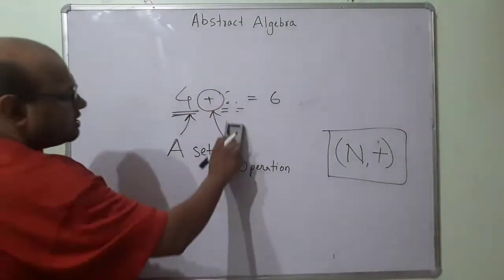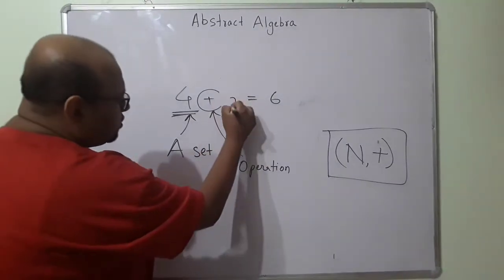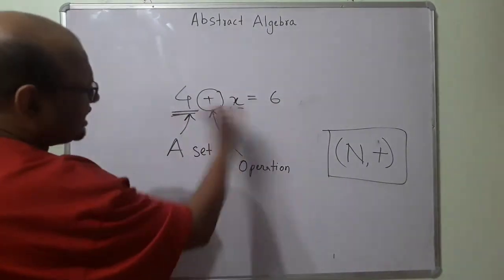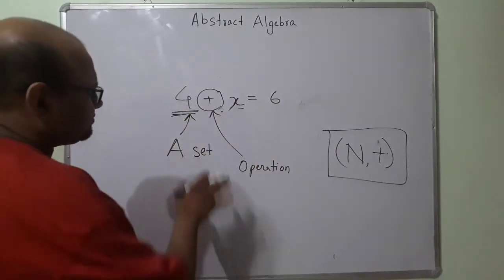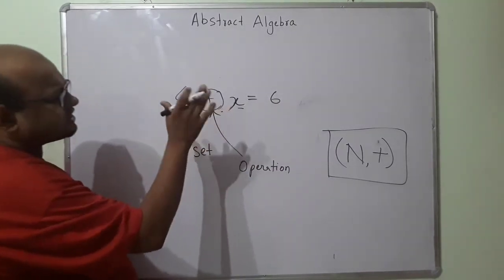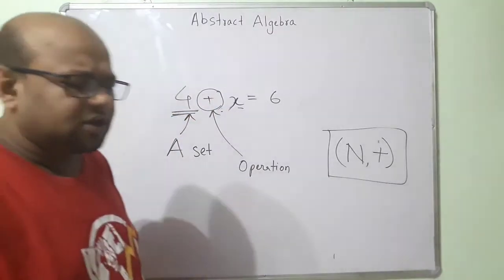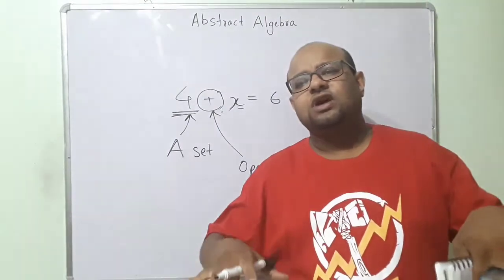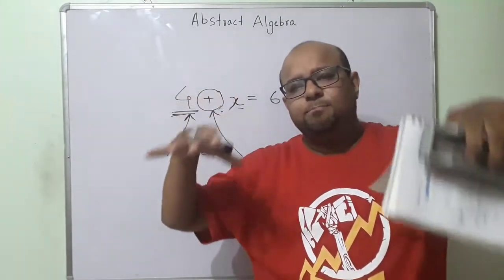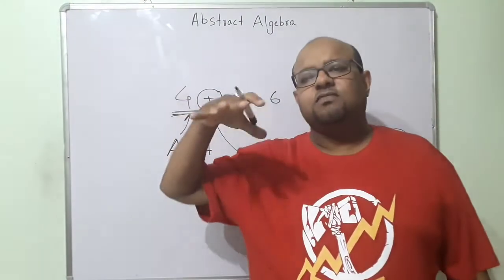Then in algebra we will have this kind of an equation, 4 plus x equal to 6. There we will try to find the value of x. We are no longer interested in finding the value of x. We are going to look at algebra from a meta perspective, from a high level.